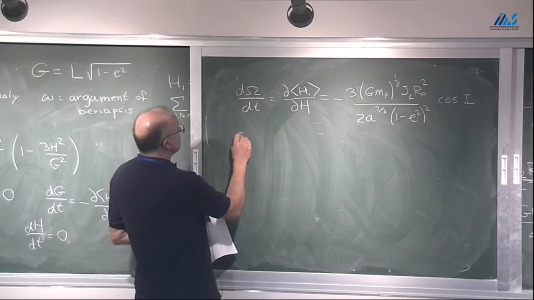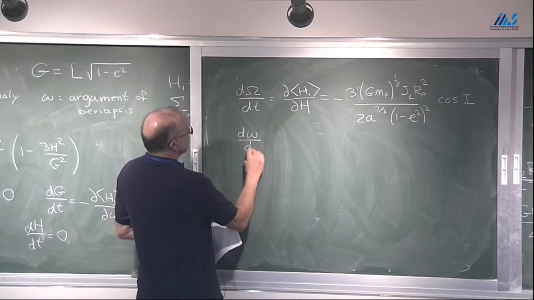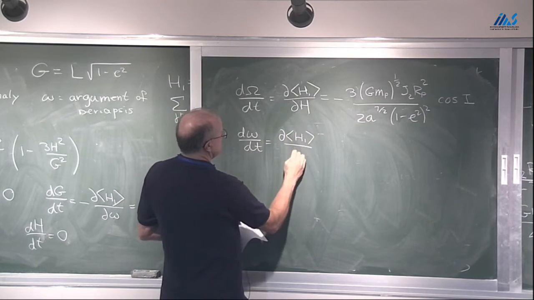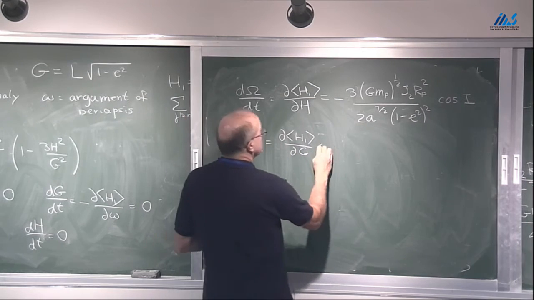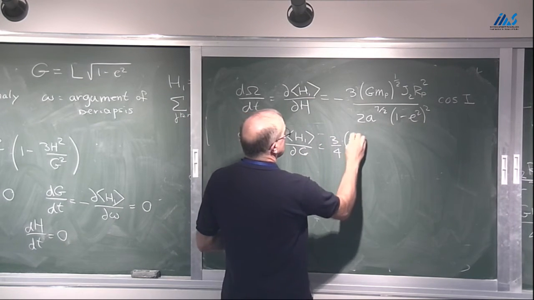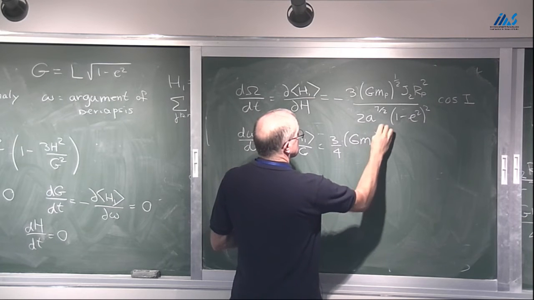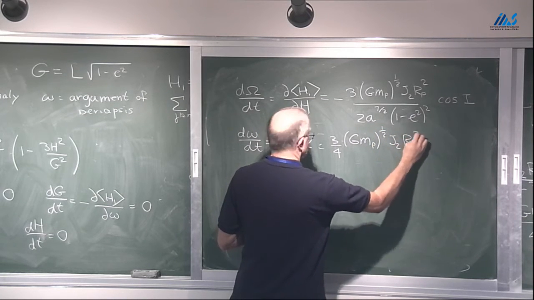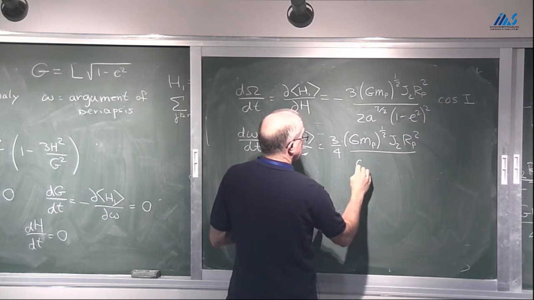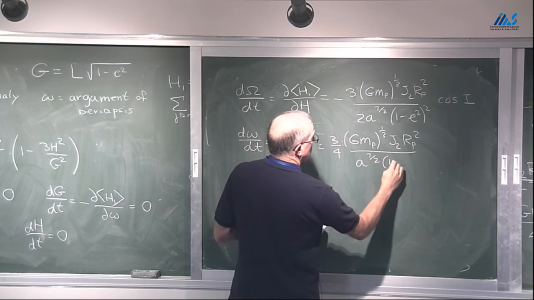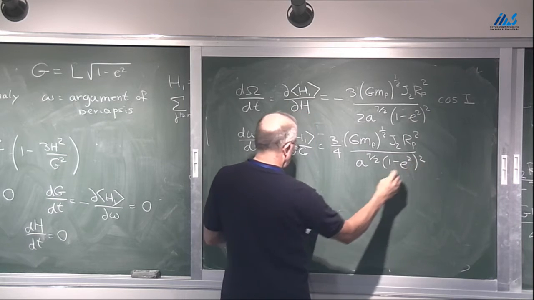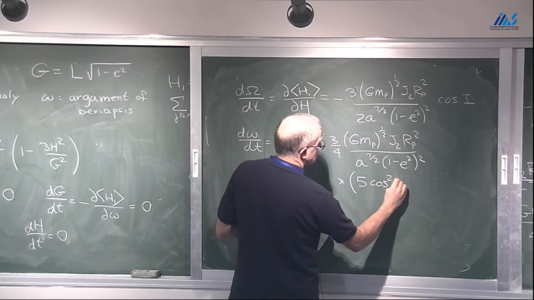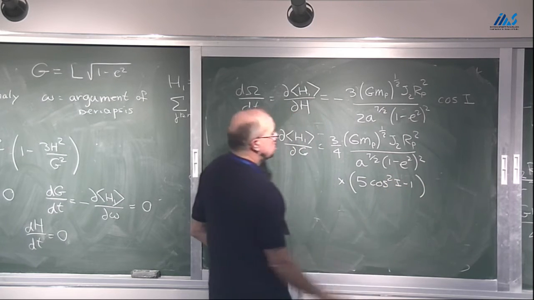backwards. Somewhat more interesting is omega, which is dH1/dg. It's 3/4 G times the mass of the planet to the 1/2, J2 planet radius squared over a to the 7/2, 1 minus e squared, times 5 cos squared of the inclination minus 1.